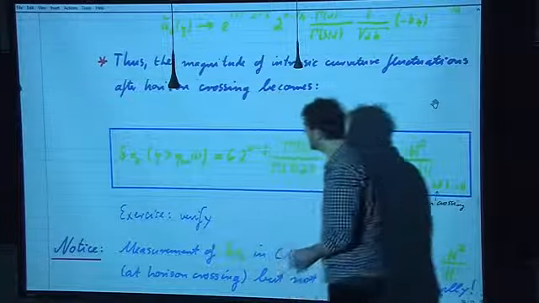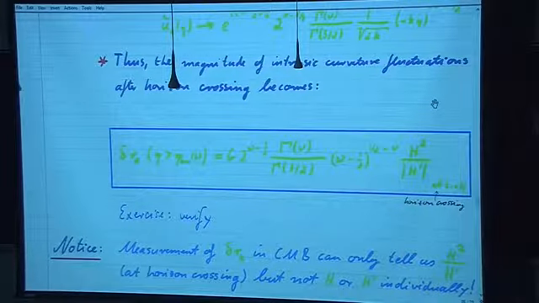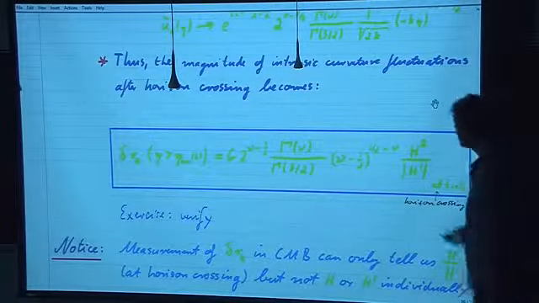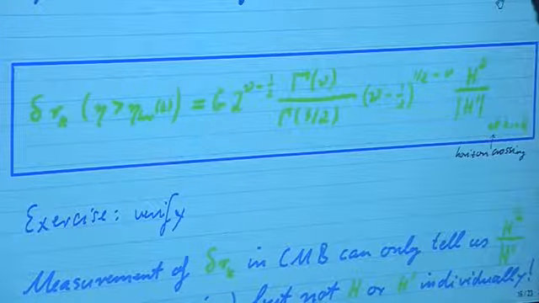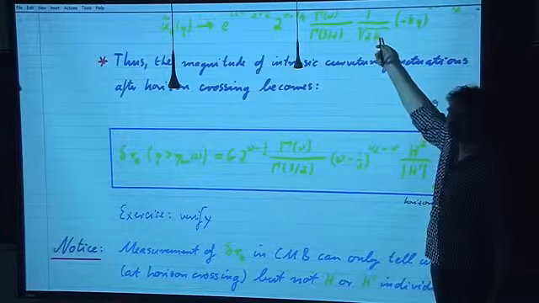These fluctuations after horizon crossing come out to be then of this size. But what we've done here is to divide that solution after horizon crossing by the z.